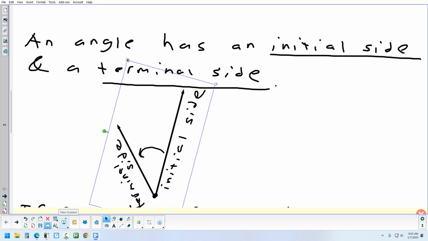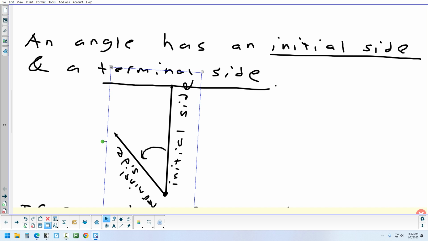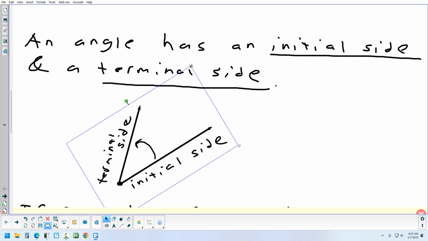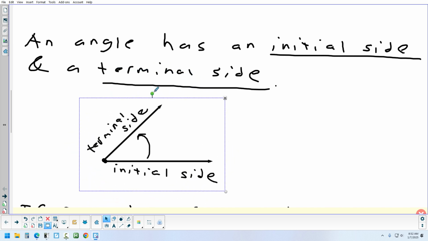So if you were going to draw this angle, rather than have it like turned like that, I would say the best way to draw it would be like that. Okay. We generally like the initial side to be nice and flat, okay, horizontal. So any question on which side is which? Initial, and then you rotate counterclockwise to the terminal. Okay.